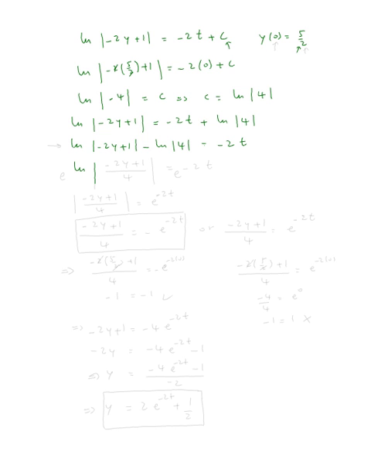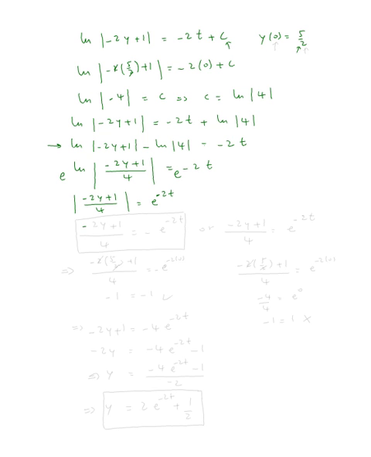Now let's write this using logarithmic properties. This is the same thing as ln of absolute value of negative 2y plus 1 over 4 equal to negative 2t. Now take e of both sides. You get absolute value of negative 2y plus 1 over 4 is equal to e to the negative 2t.